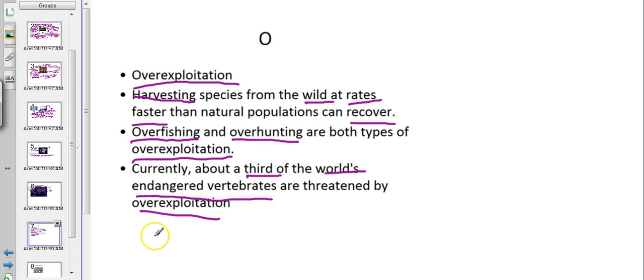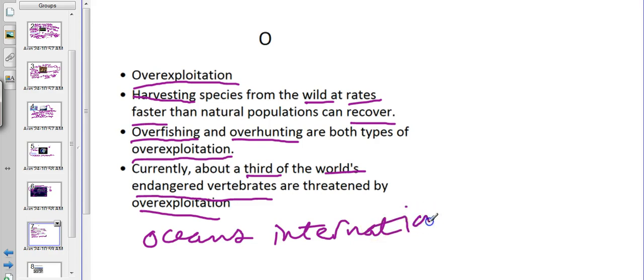But the problem is that our oceans are international. So one country's policies are only effective in their waters, but once you get beyond that, in the open ocean where it's international waters, it's kind of like a free-for-all.